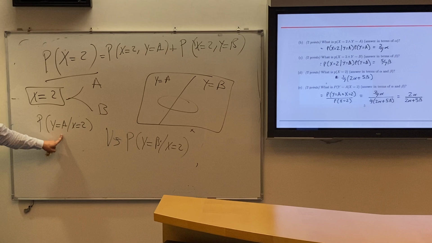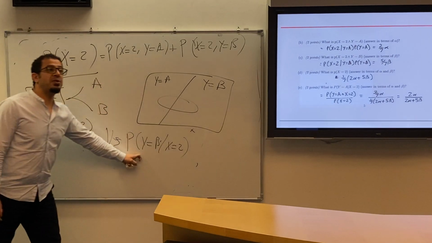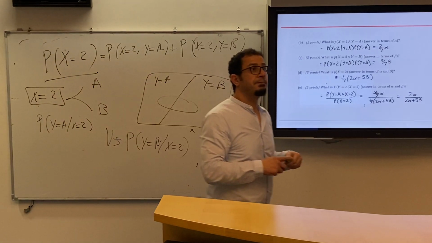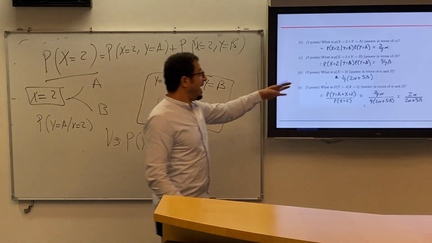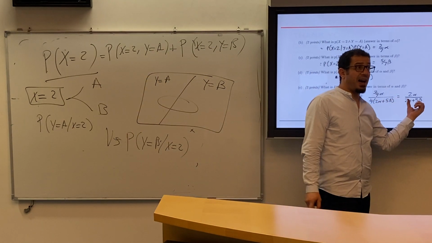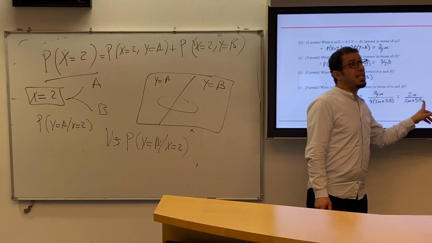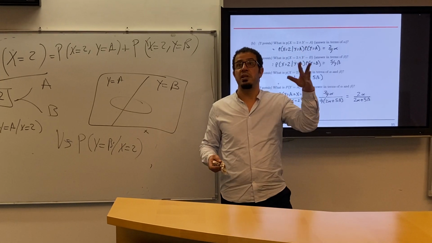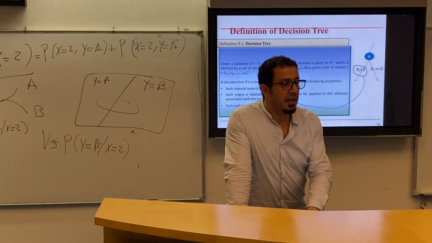If this one is bigger, it is class A. If this one is bigger, it's class B. Clear? So what does it mean here? At the end, if this one is bigger than half, it will be class A. If this one is less than half, it should be B. Because you have two classes only. So the separation is 50%. Clear?